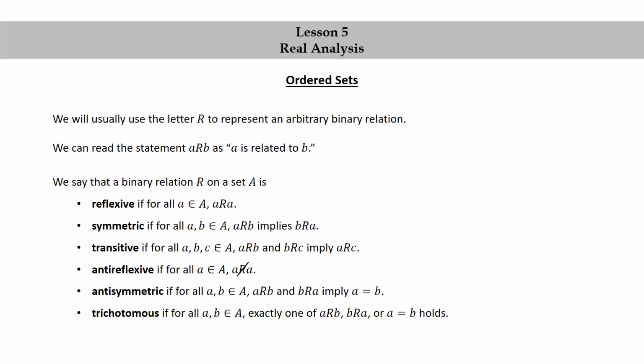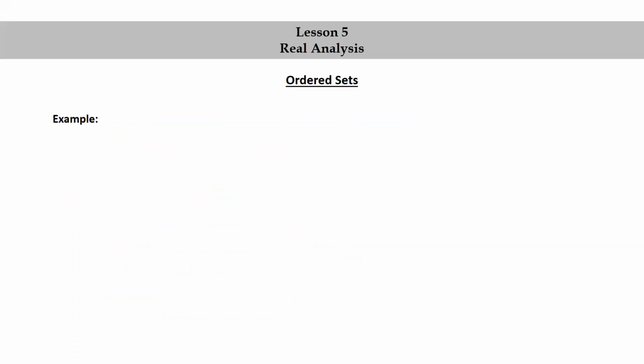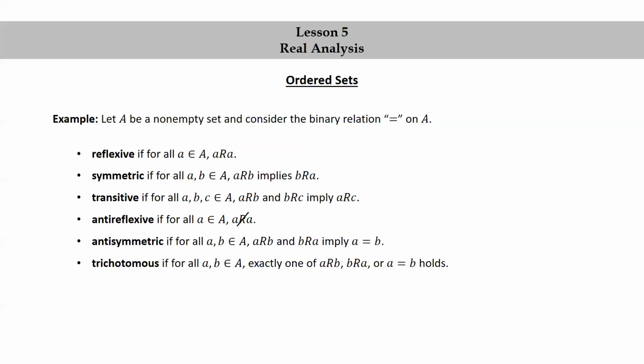Let's look at an example. Let A be a non-empty set and consider the binary relation equals on A. Let's go through each of these properties and see if this binary relation equals satisfies each property.